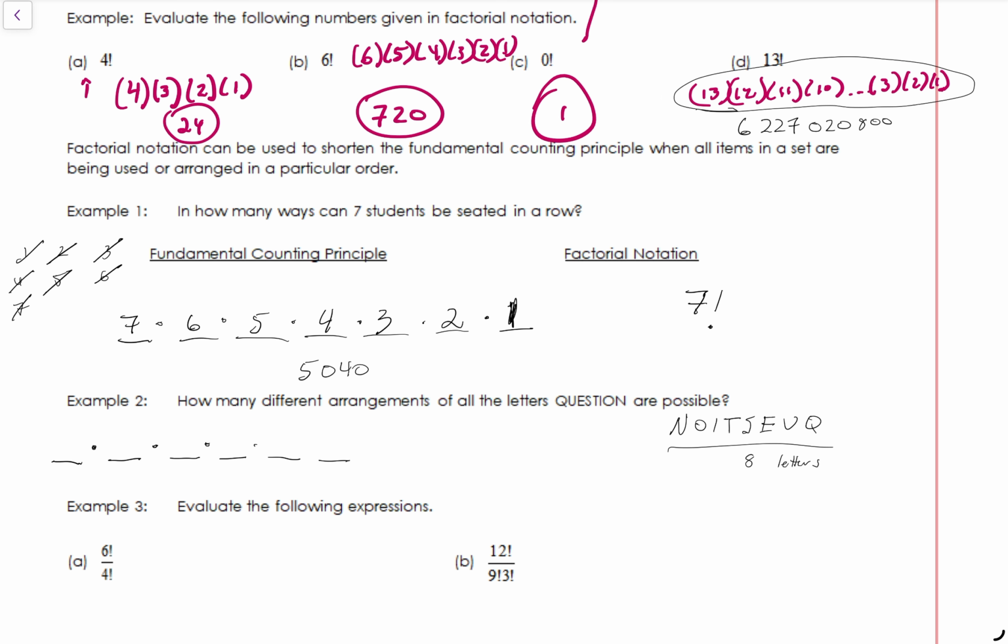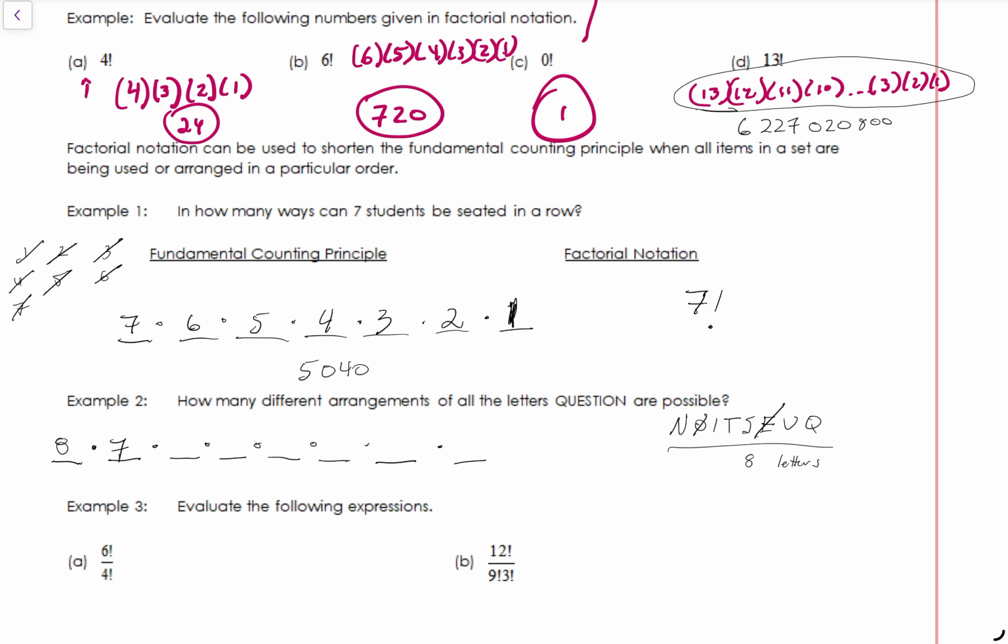So I'm just going to put 8 blanks here. So 1, 2, 3, 4, 5, 6, 7, 8. So how many options for my first choice? I have 8. And then I used E, say for example, and then I'm going to place another letter in that second place. I'm going to put O there. But I had 7 choices.